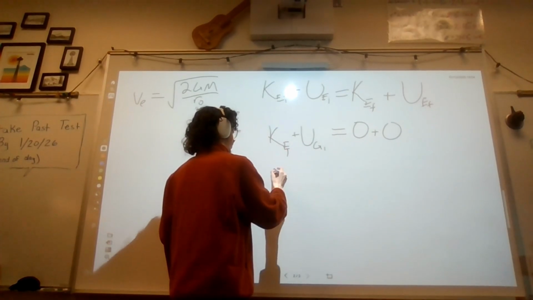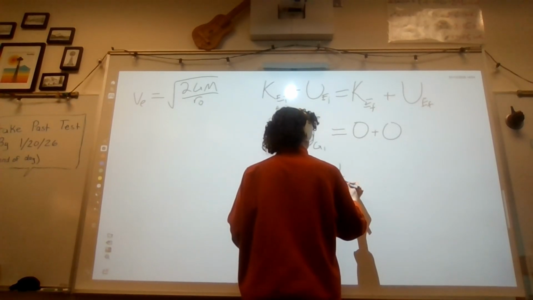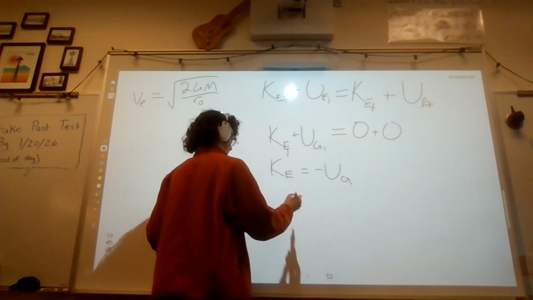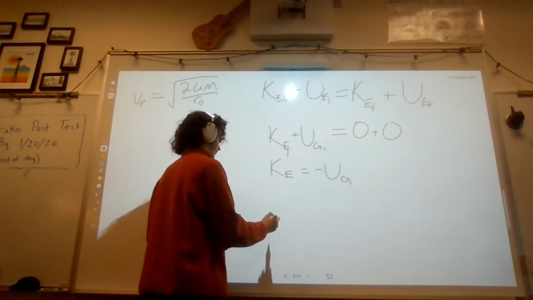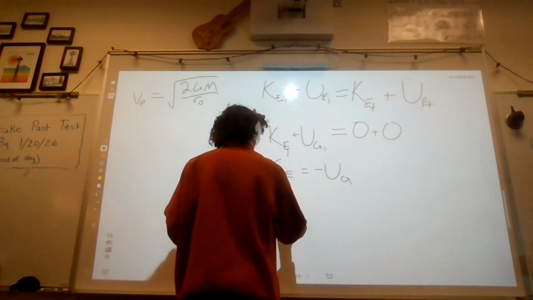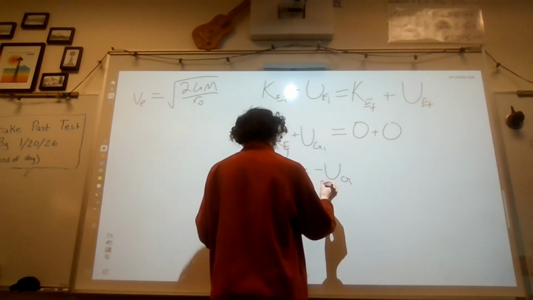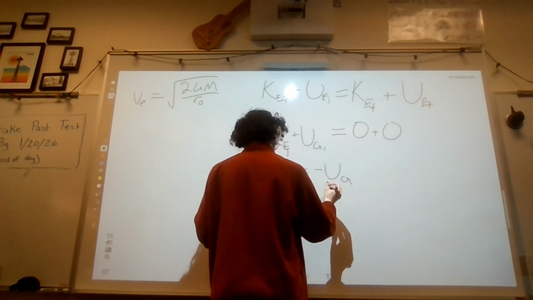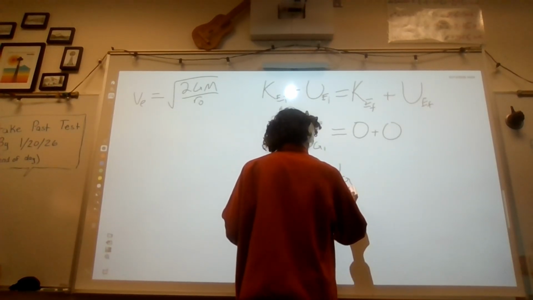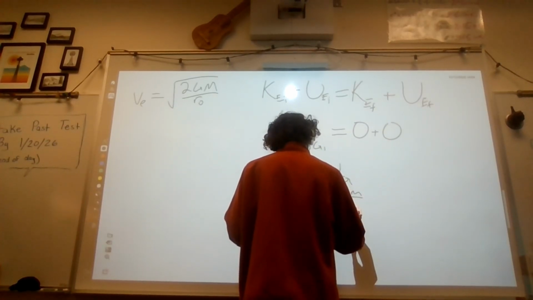So basically, you get KE equals negative UG, and that means that you get equals.